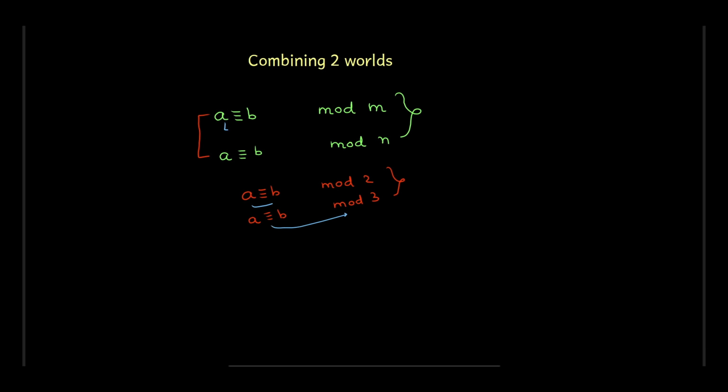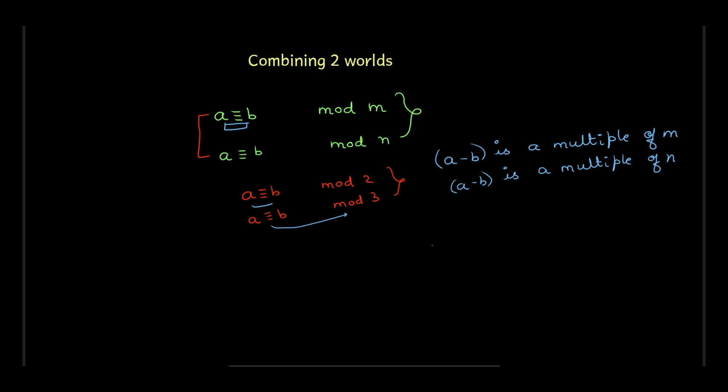We said that A is congruent to B if and only if their difference is a multiple of M. So A minus B is a multiple of M. But A minus B should also be a multiple of N because they are congruent in both the worlds.